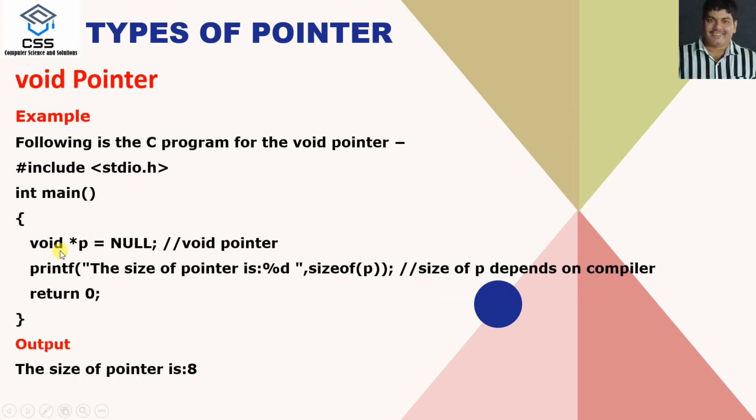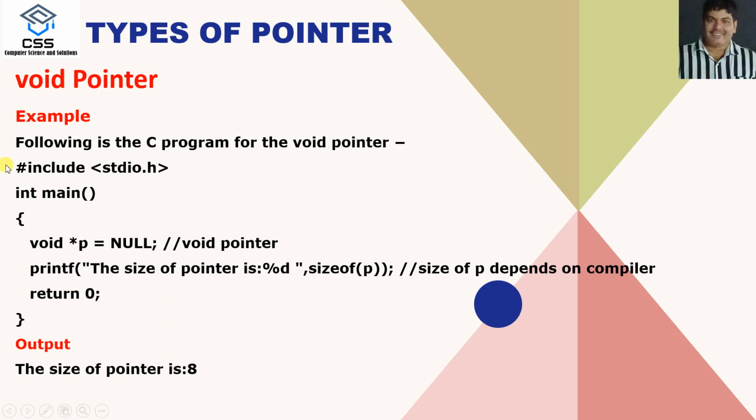If you declare void *p = NULL, it becomes a void pointer, and if you measure the size of p, the space consumed by the pointer is 8. Means this pointer p can hold the address of an integer, a float, a character, or a double, any data type's address it can hold.